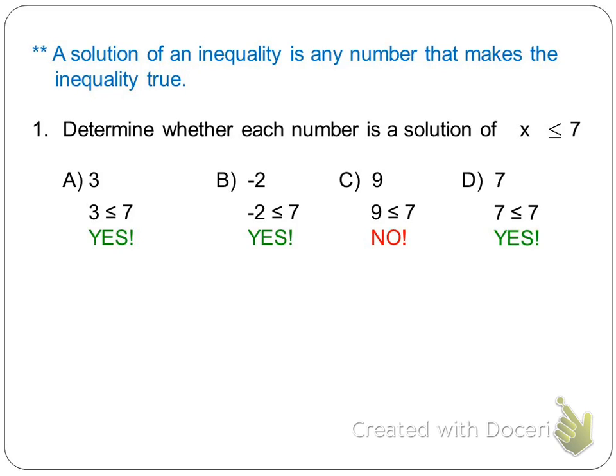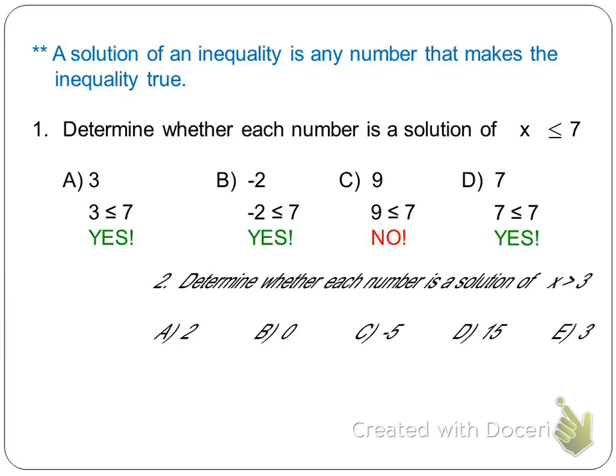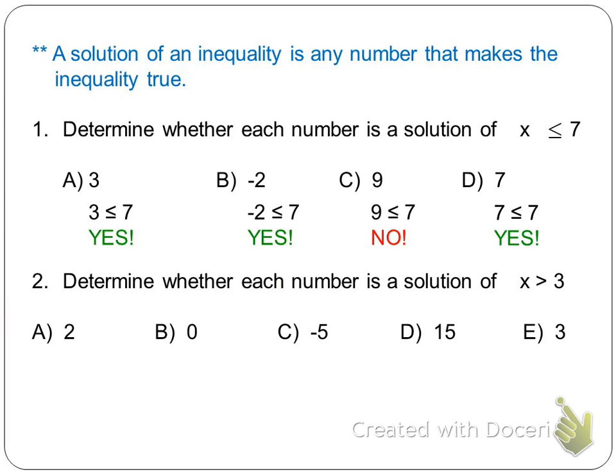But thank you. All right, any questions? Here's number 2. So same idea, but now it's x is greater than 3. So is 2 a solution? No. Is 0 a solution?